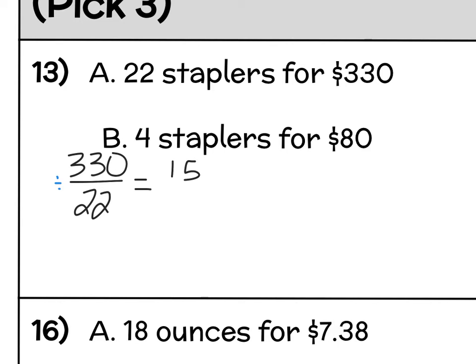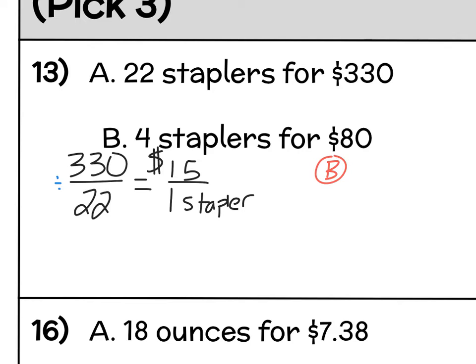Okay, now let's make sense of that. What does 15 mean? Well, that is saying this is costing $15 for one stapler. So the answer to number 13, letter A, is $15 for one stapler. Now if we look at B, I've got 4 staplers that cost $80.